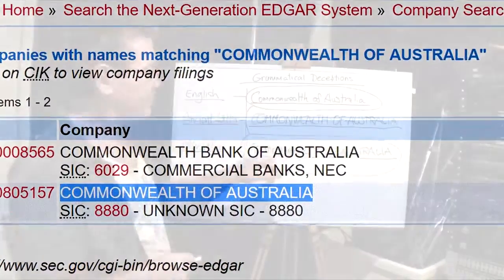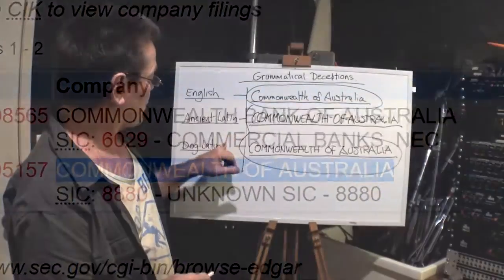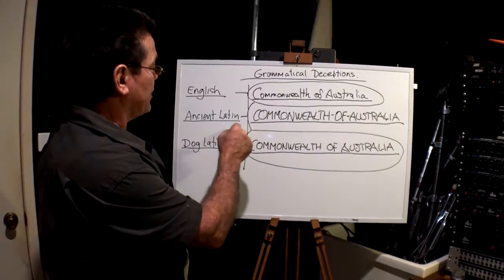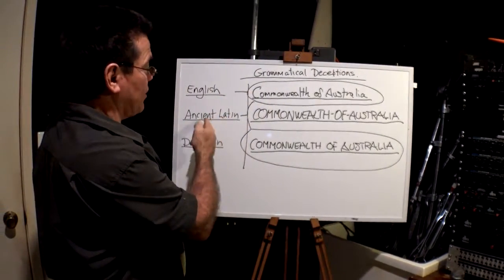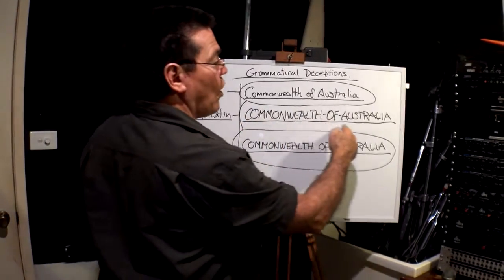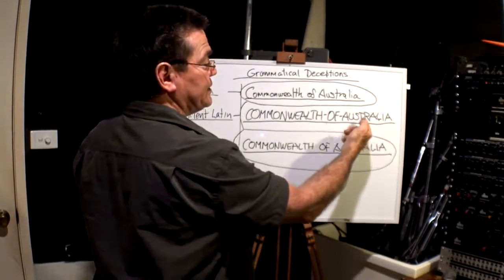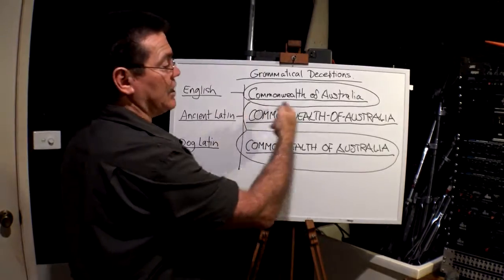And Dog Latin, the way they make Dog Latin is by using the grammatical rules of English and mixing it with the written hieroglyphic, all uppercase text of Ancient Latin.